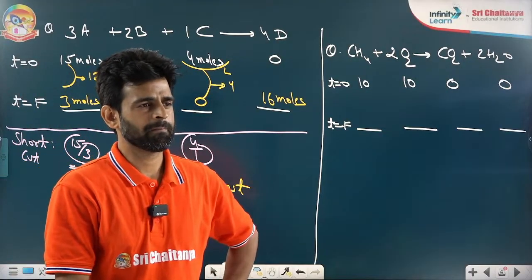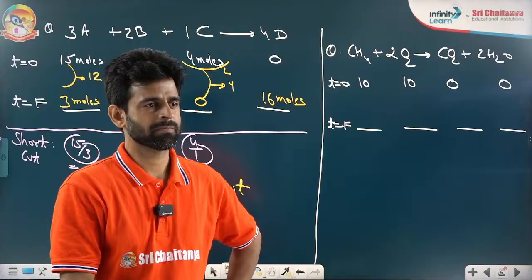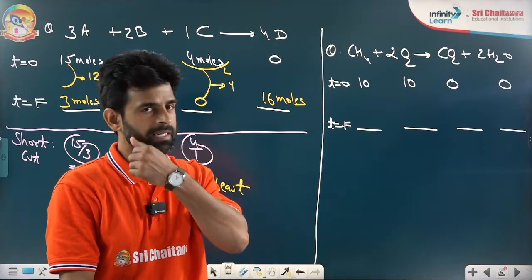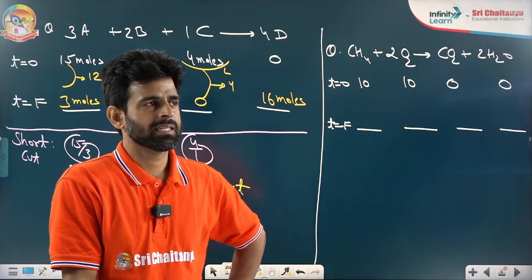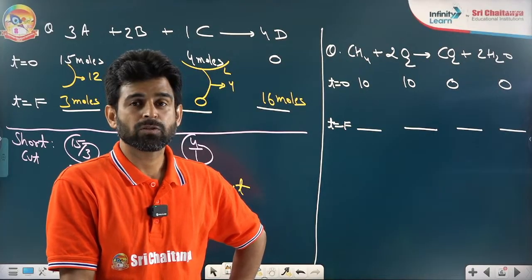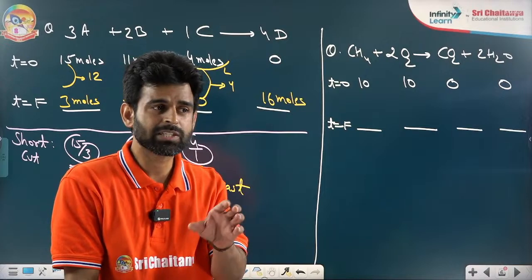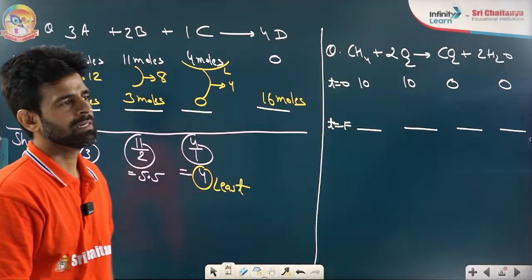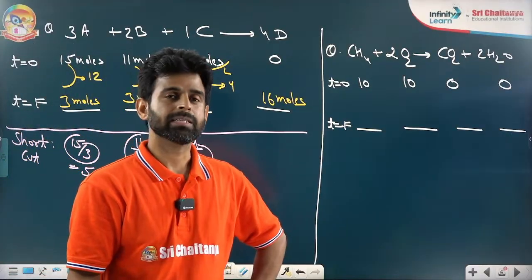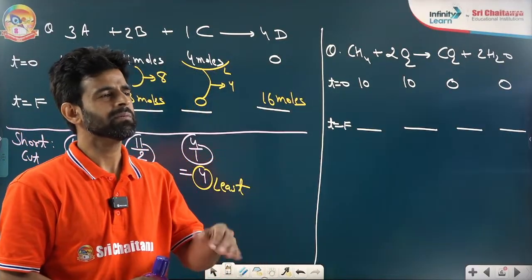Initial 10 moles of both are given. So finally tell me which will finish to 0, which will remain in excess, and how many moles of reactant and product will be remaining or formed.